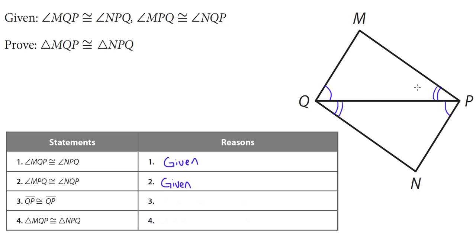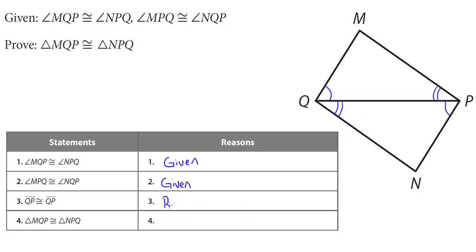So you can see here, I have my two pairs of congruent angles. All I need is the side in between. If you look at that, side QP is the same for both triangles. So obviously, if it's the same, it's equal to itself. And that's what it says here in the third statement. Side QP is congruent to side QP. And so which property tells us that a figure is equal to itself?